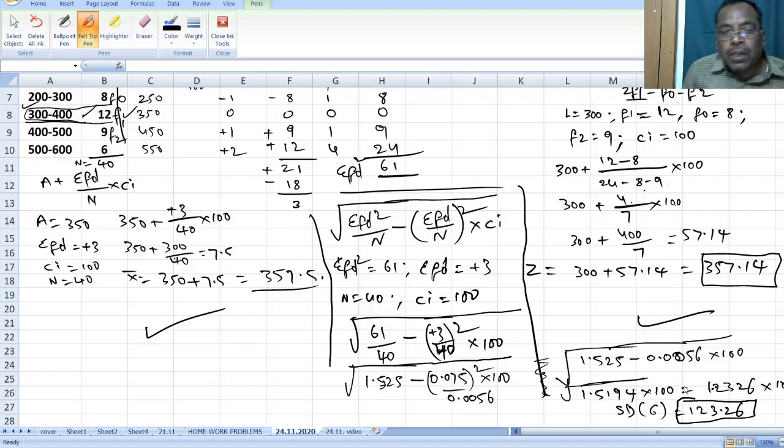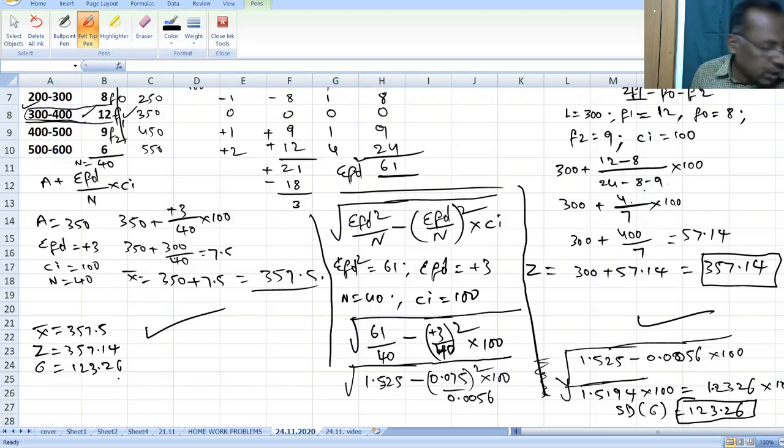Okay students, now you know the values. What is the arithmetic mean value? The arithmetic mean is 357.5. What is the mode value? 357.14. And what is the standard deviation? 123.26.